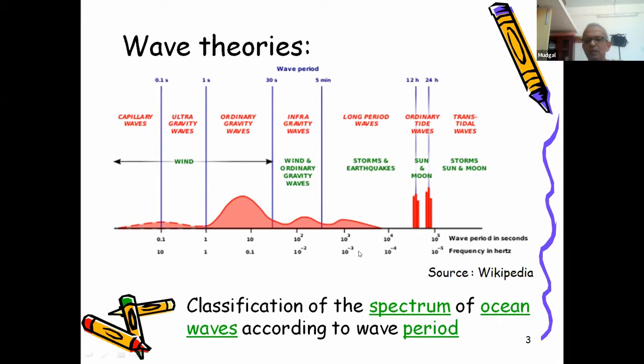And then you also have waves due to the tides, the astronomical influence, so you have the ordinary tide waves. It could have a period of about 12 hours or 24 hours. So this is the classification of the wave theories, and we would basically be looking at the ordinary gravity waves.